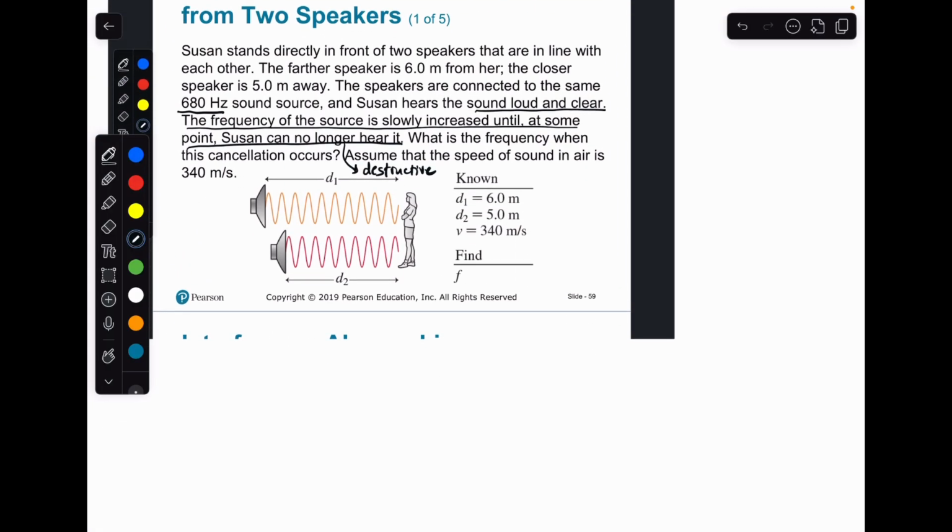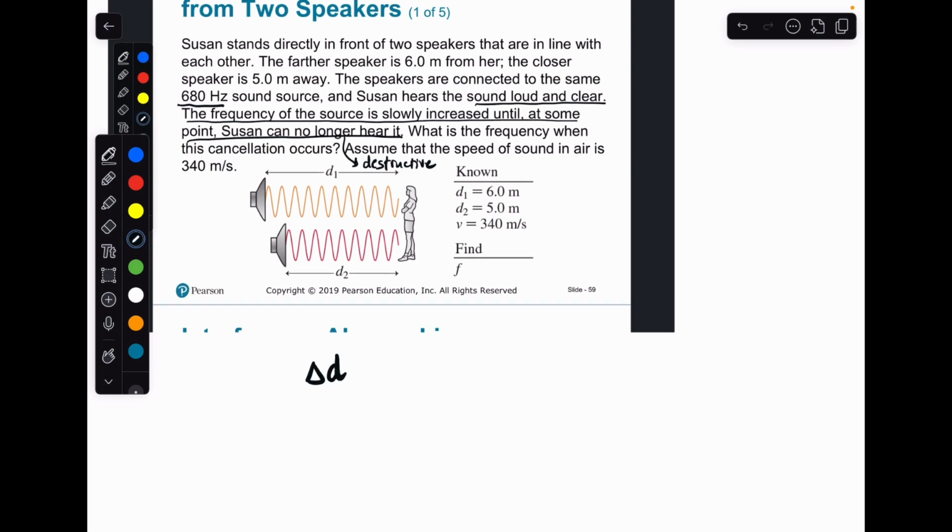So we know that we need to determine what the frequency would be for destructive interference to occur. So let's write our conditions for destructive interference. We know that the path length difference, delta D, must equal some integer m plus 1/2 times the wavelength. And so the speakers have not moved, right?